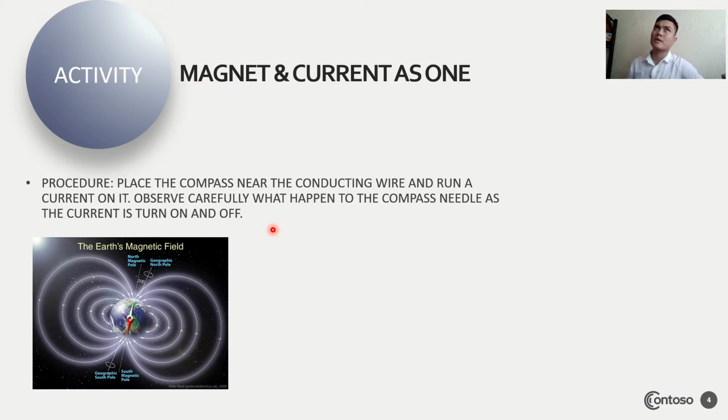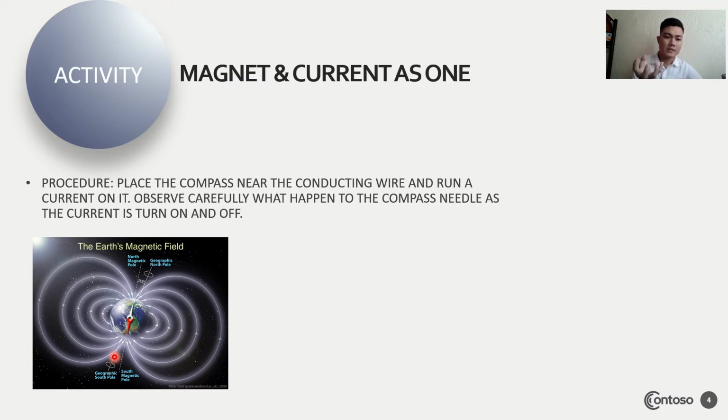Now, a compass is being utilized by most navigators. They use it to navigate around the globe. A compass has a needle on it. That needle is sensitive to the magnetic field of the Earth. Earth itself is a big magnet. So think of it that the Earth is a big magnet. When you say magnet, it's somewhat like a magnetic field. So we have the North Pole and the South Pole.